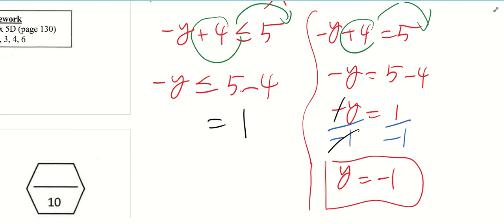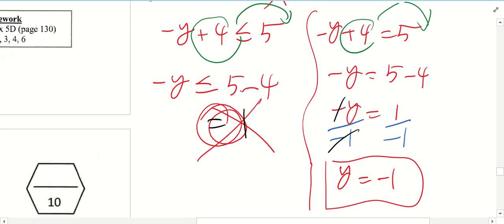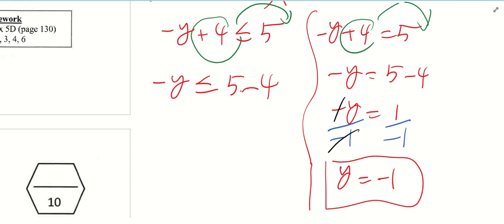This presentation is absolutely wrong. Please do not do this. Don't be tempted to write an equal sign over here because we are dealing with an inequality. Otherwise, you may end up with an equation, not an inequality. Please take note. So what can we do instead? We just continue writing negative y smaller or equal to 1.